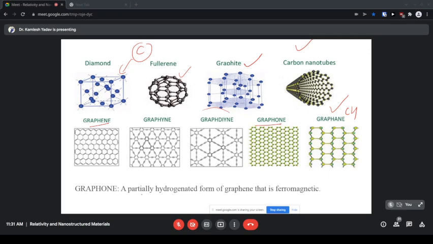What is graphone? A partially hydrogenated graphene, which is highly ferromagnetic. What is the meaning? Consider graphene and partially hydrogenate it. It means only at some carbon places hydrogen is attached, then that will be graphone, and the property will be different from graphene.